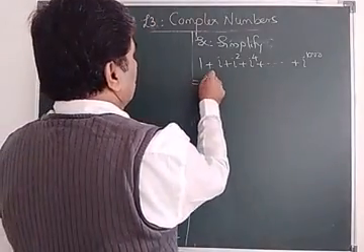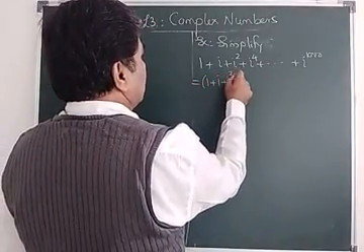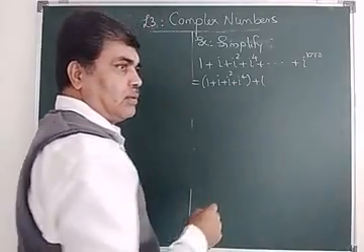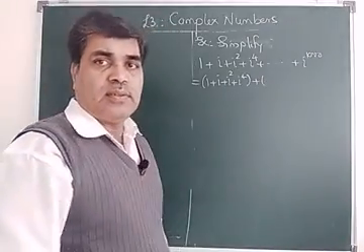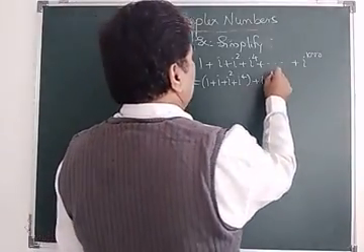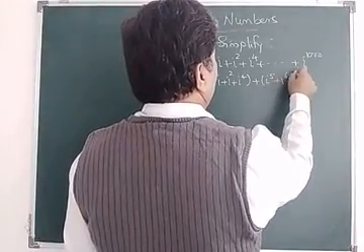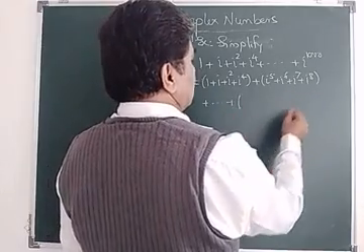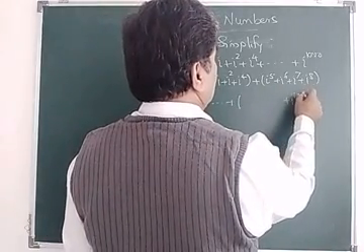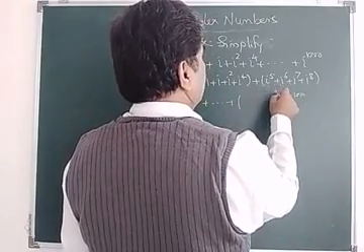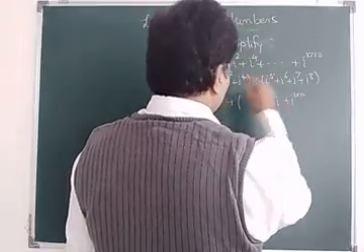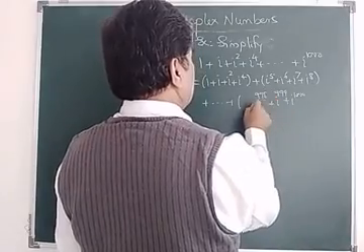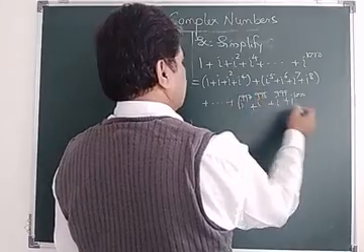So this is equal to 1 plus i square plus i raised to 4 plus i raised to 5, i raised to 6, i raised to 7, plus i raised to 8, and so on, up to i raised to 1000, i raised to 999 plus i raised to 998 plus i raised to 997.